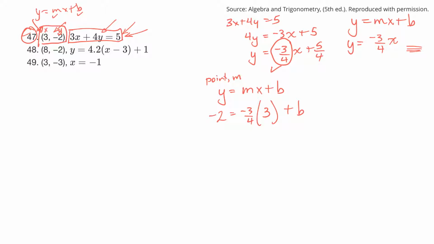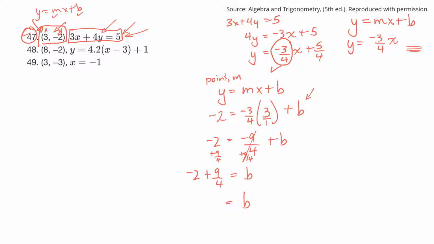Plus b. And what I'm going to solve now for is b. So I have minus 2 is equal to, this is like 3 over 1, so it'll be minus 9 over 4 plus b. And I want b by itself, so I'll add 9/4 to both sides. And again, if I add 9/4 to this side, they cancel, and add 9/4 to that side.